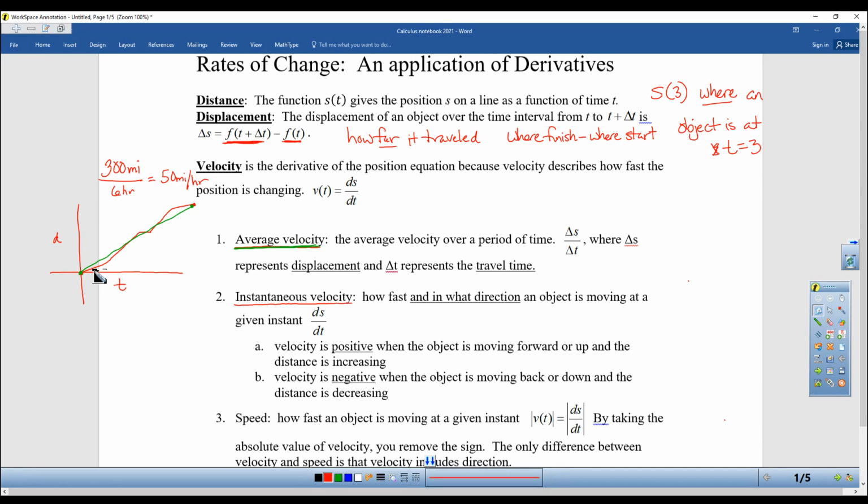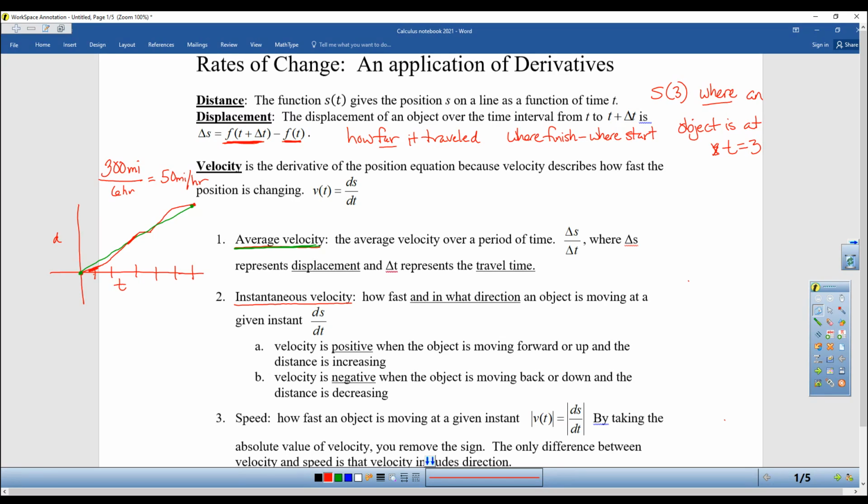So if this had marks on it, and I said, I want to know exactly what was happening right there, the slope right there. Well, it looks like right there I was on the highway and I was going faster than my average, which was 50. Remember the green line, if that represents 50 miles an hour, my red slope right there is faster. Where in hour 1, my slope was slower. That would be instantaneous velocity.